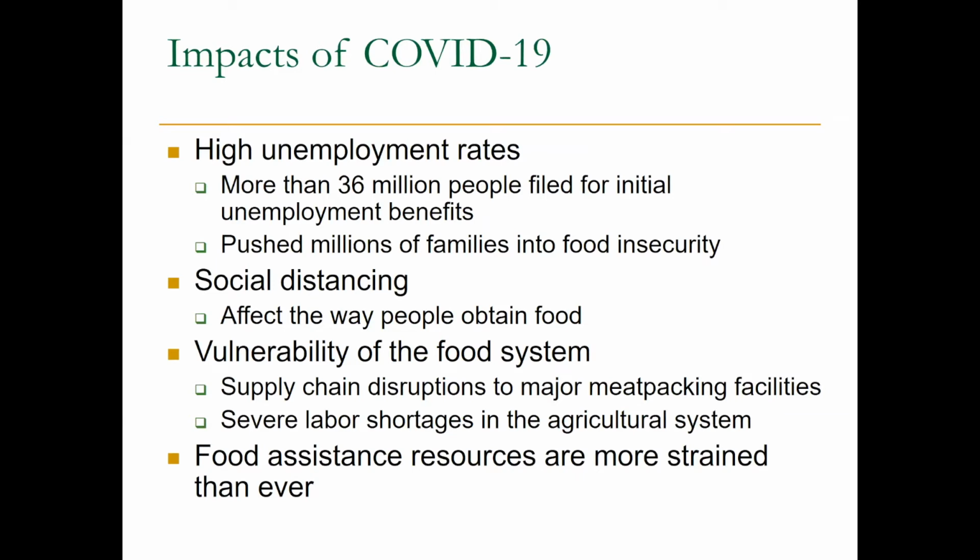Reports show that more than 36 million people filed for their initial unemployment benefits, and the high unemployment rates have pushed millions of families into food insecurity. Together with that, you have the social distancing requirement. Actually, this requirement has affected the ability and the way that people obtain food.